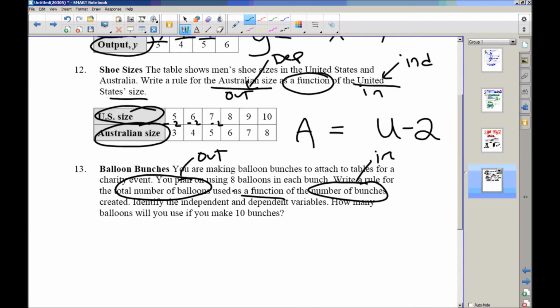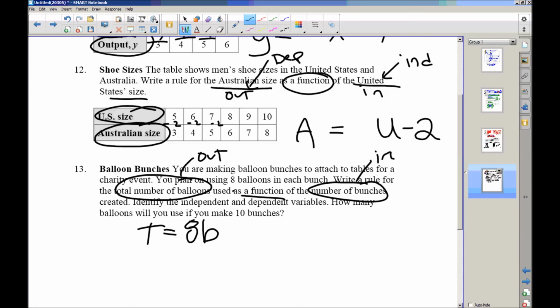This is our input. So total balloons is equal to some function of our bunches. Okay? And we take 8 balloons for every bunch, so we would have to times this by 8 to get it to work. Be careful, don't add 8. If you add 8 and you made 8 bunches, then that'd be 8 plus 8 for the total balloons. That doesn't make sense. It's got to be 8 times 8.